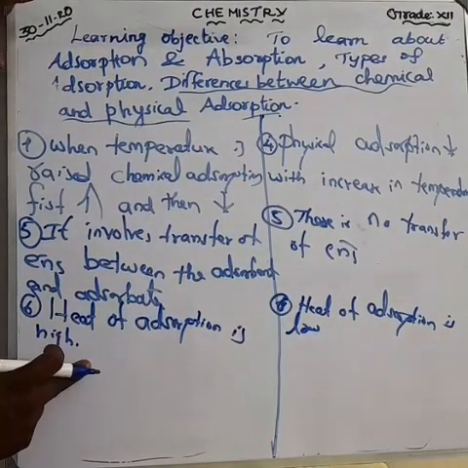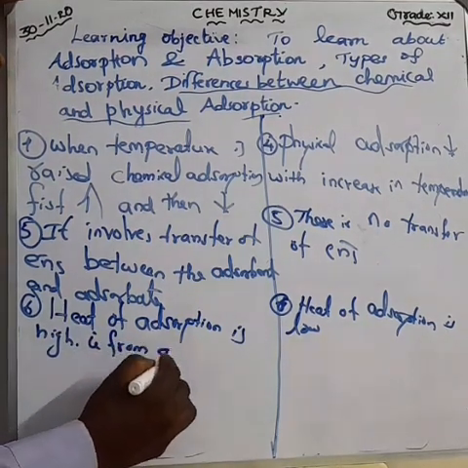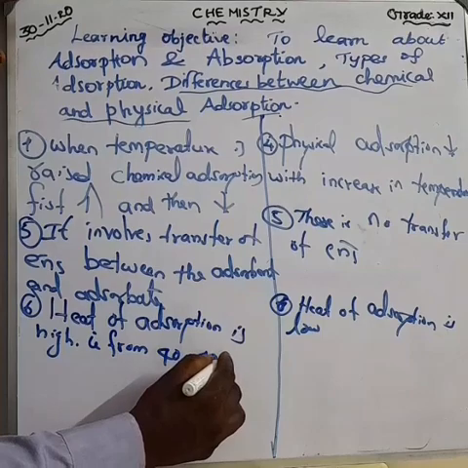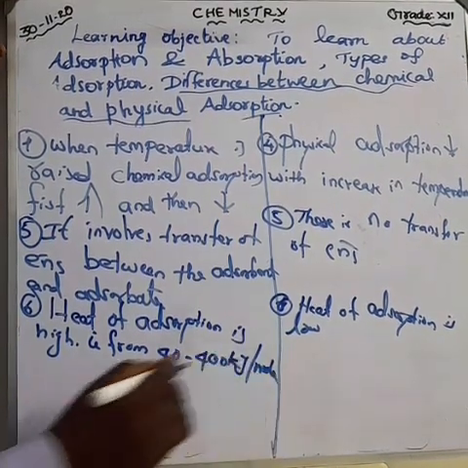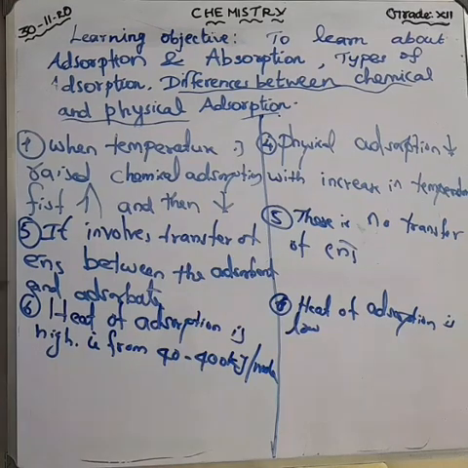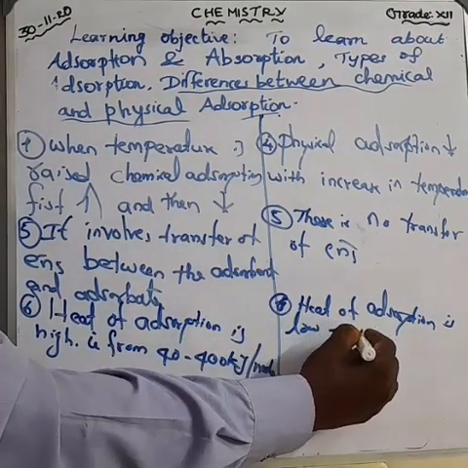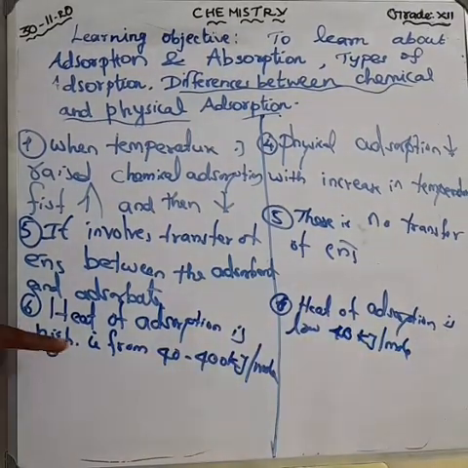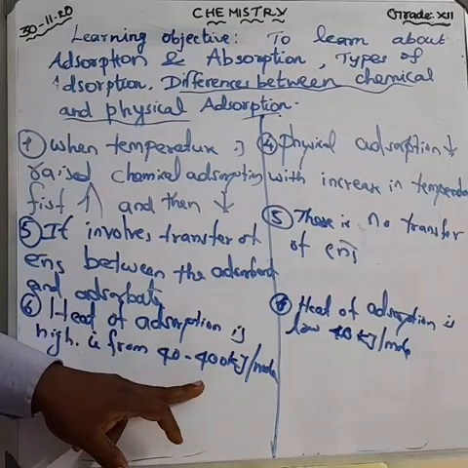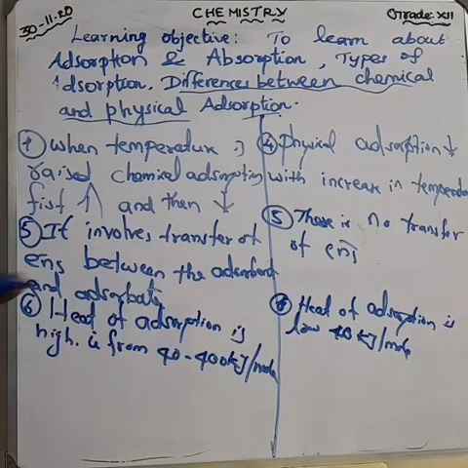You should learn the value for high: from 40 to 400 kilojoules per mole. Chemical adsorption is 40 to 400. Physical adsorption is only 40.